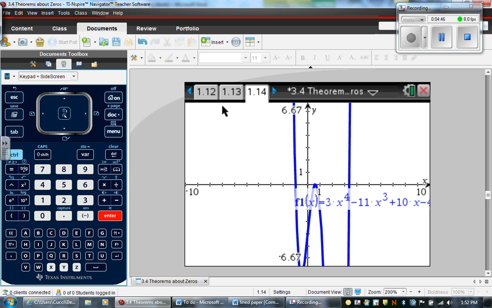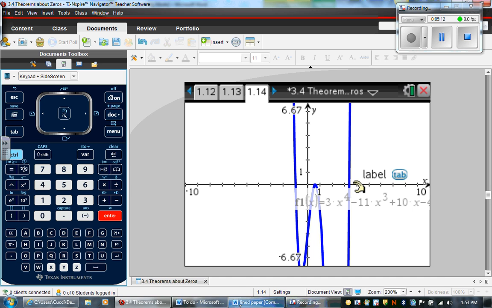Here's my function. It looks like maybe I have a zero at negative 1, maybe 1/2, and one in between 3 and 4. So we're going to go back and try to find these rational zeros.